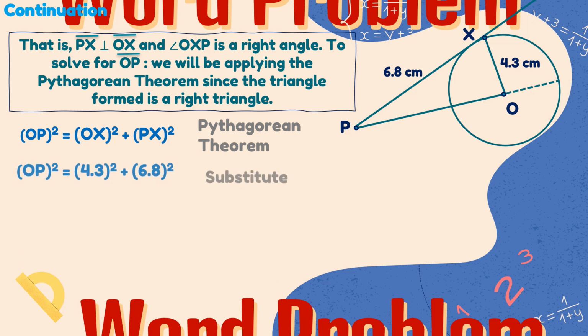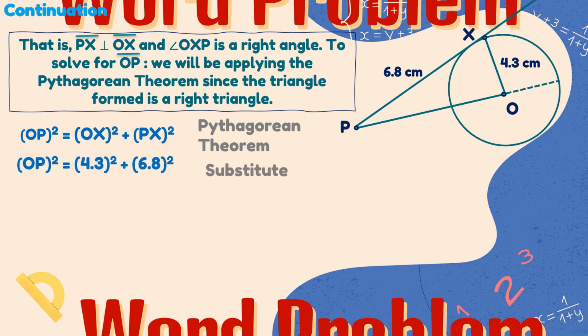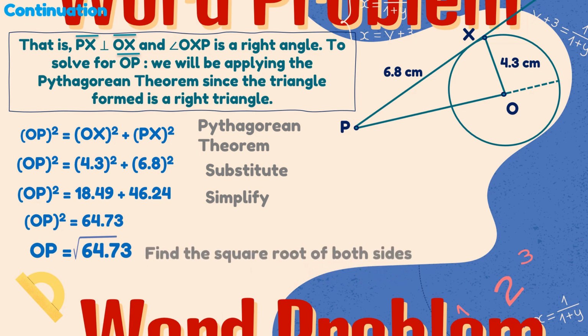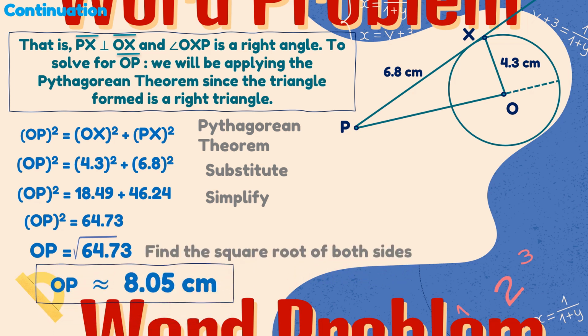OP squared is equal to 4.3 squared plus 6.8 squared. OP squared is equal to 18.49 plus 46.24. OP squared is equal to 64.73. Extracting the square root of 64.73, the measure of line segment OP is approximately equal to 8.05 centimeters.